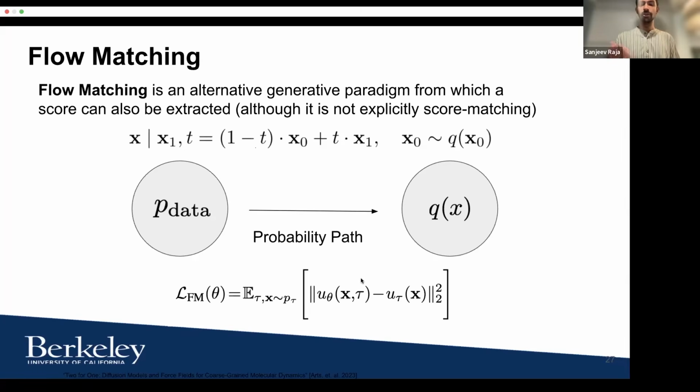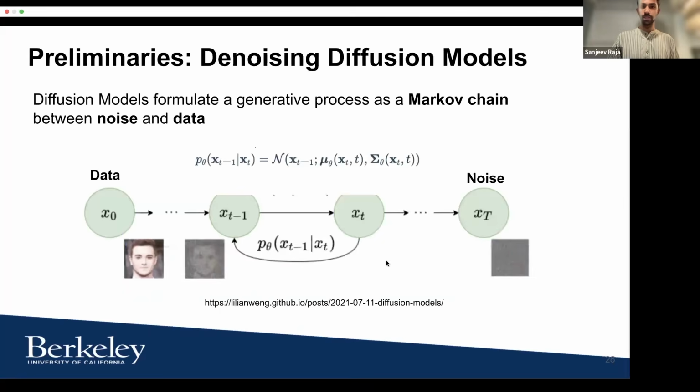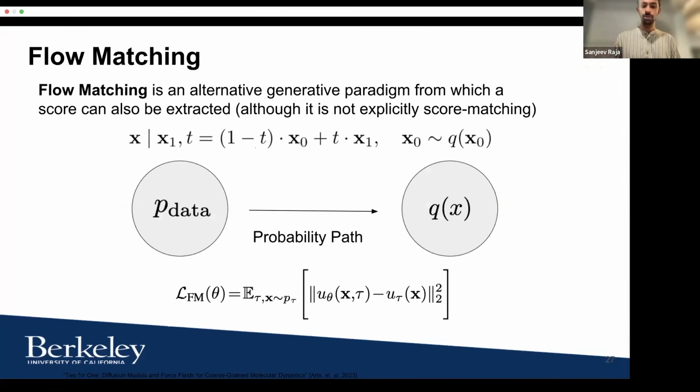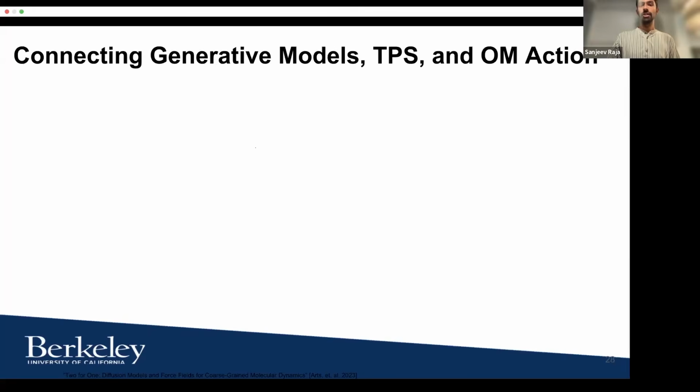But it turns out that under some mild assumptions, which hold in our cases, you can actually extract a score estimate from a flow matching model as well, even though it's not explicitly performing score matching. So the takeaway here is that both diffusion and flow matching enable extracting a score function.